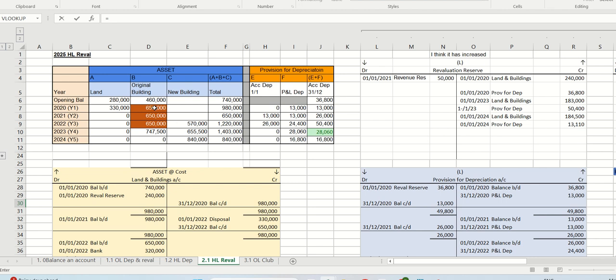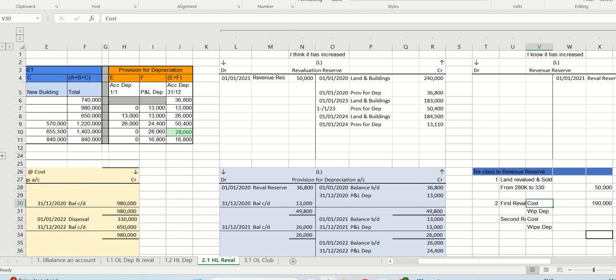For the first reval, the cost of the building, just use your table, it's so straightforward. The building went from 460 to 650, so it's the difference between these two in your table. So it's going to be 650 minus 460.